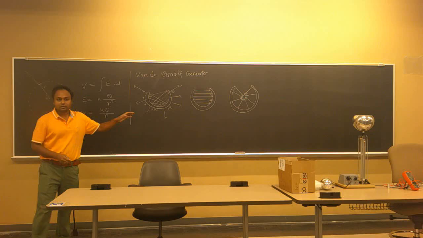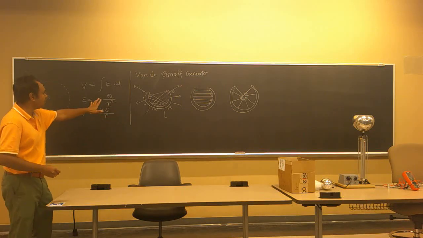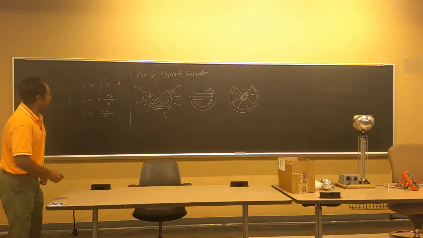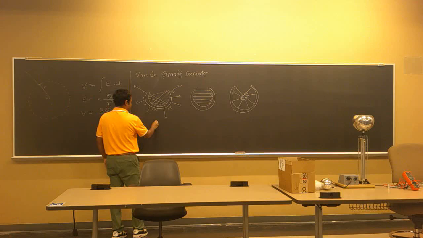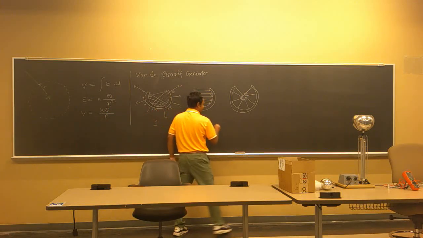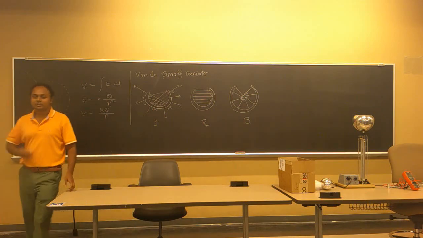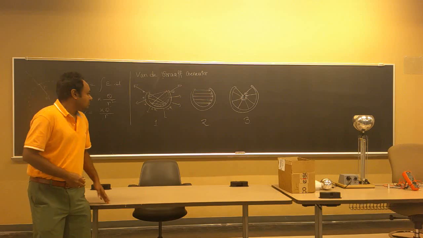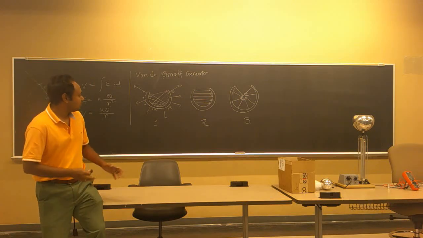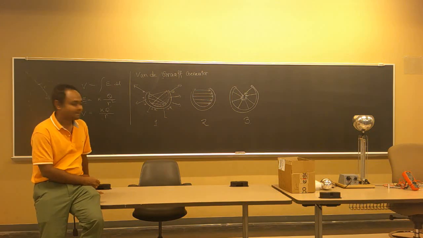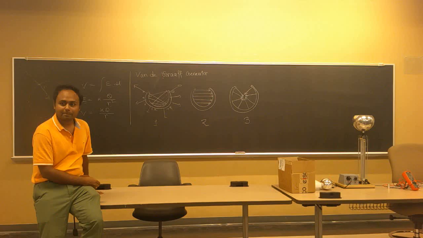We don't know. Okay? We're just trying to find out which one could be the right electric field distribution. So this is case 1, this is case 2, and this is case 3. What do you think? Which possibility seems more intuitive? If this were a truly closed hollow sphere, probably 3.